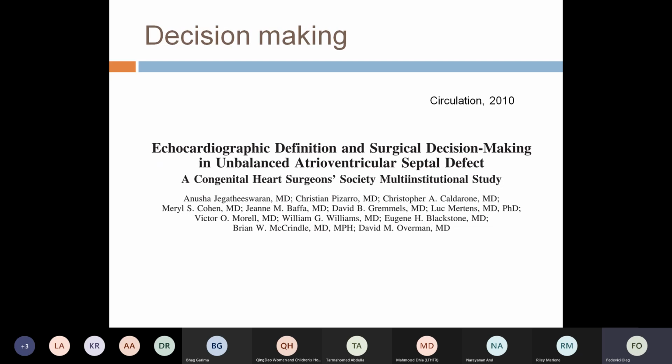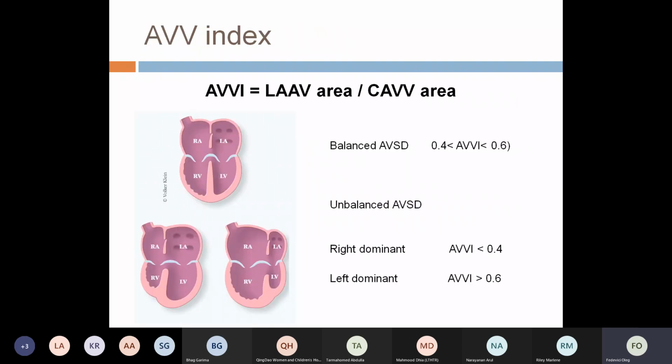And I really like this paper, and it helped me a lot during my practice back in my home country in Ukraine. It's the echocardiographic definition of surgical decision making. It was published in Circulation in 2010, and it's a paper from 4 hospitals in North America: Toronto, CHOP, Cleveland, and Minnesota.